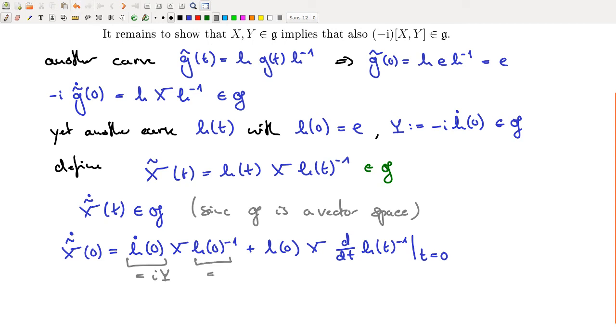Now this is E, the unit matrix. Here's another E. And what is this?